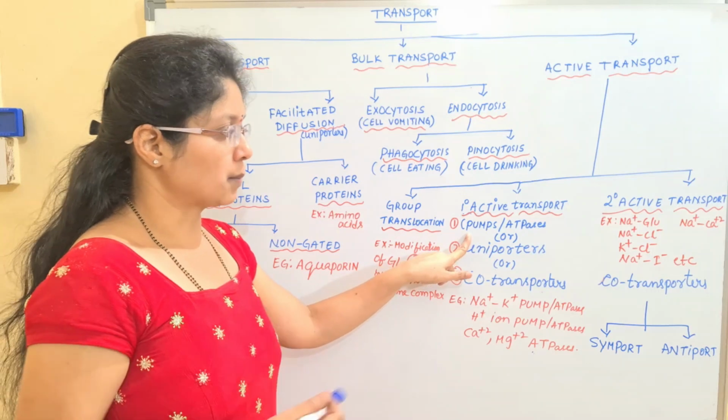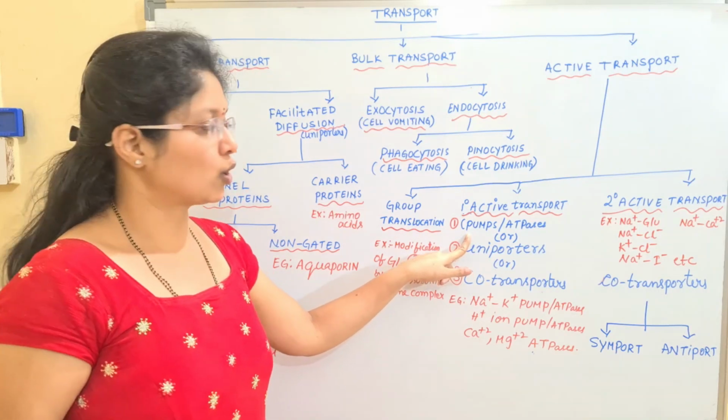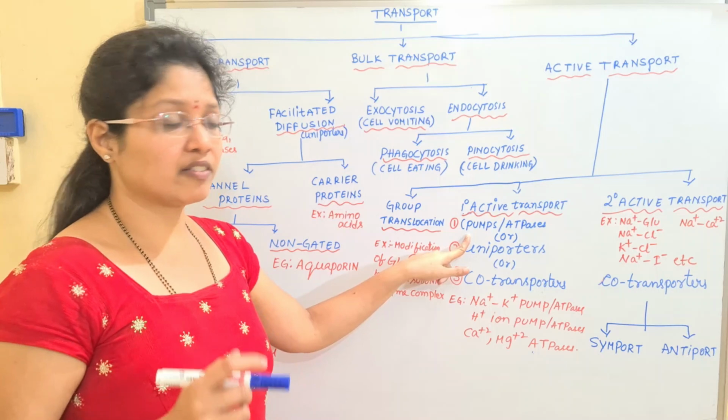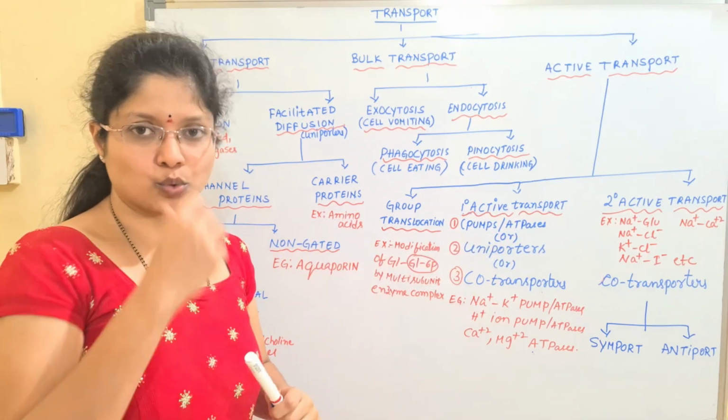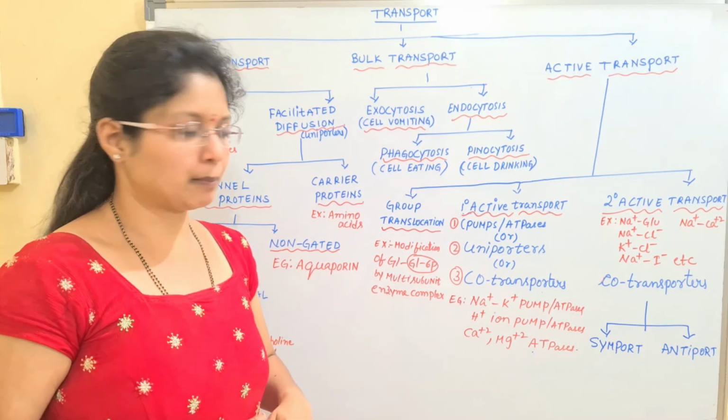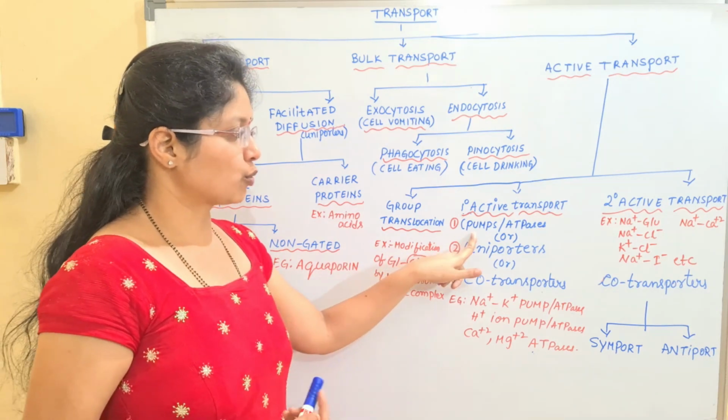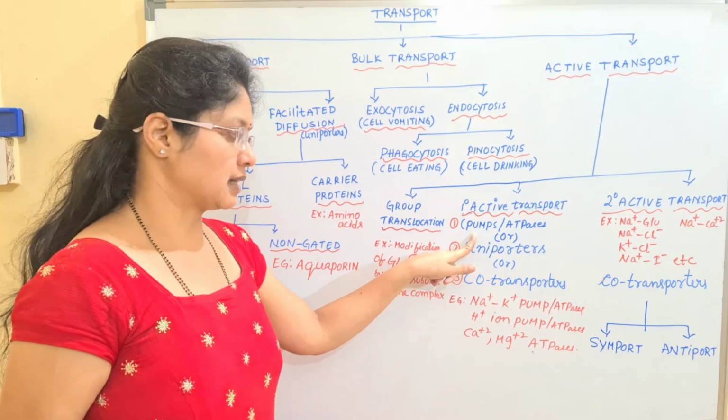We call them pumps or ATPases. Why? Because at the specific site of attachment, you have to remember, ATPase is the enzyme associated with the hydrolysis of ATP, and hence we can call these carrier proteins pumps or ATPases.